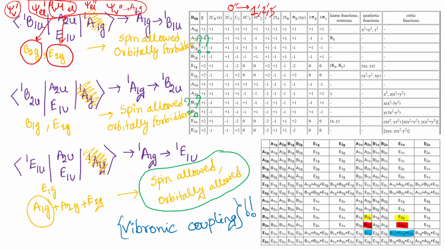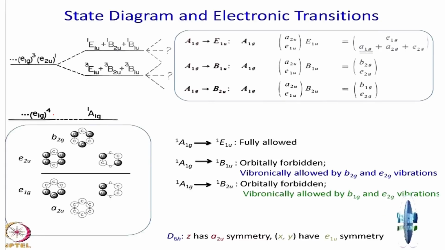Similarly for these also, you want the symmetry of the normal mode of the excited state to be either B1G or E2G, and that is what is written here.